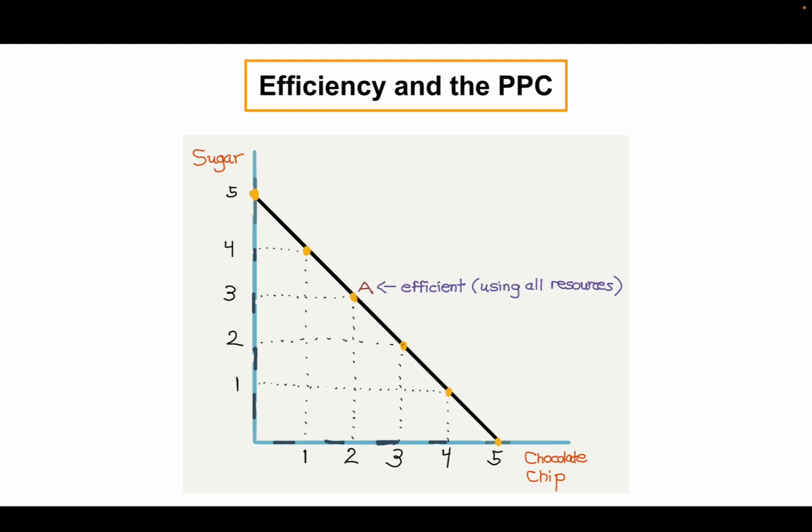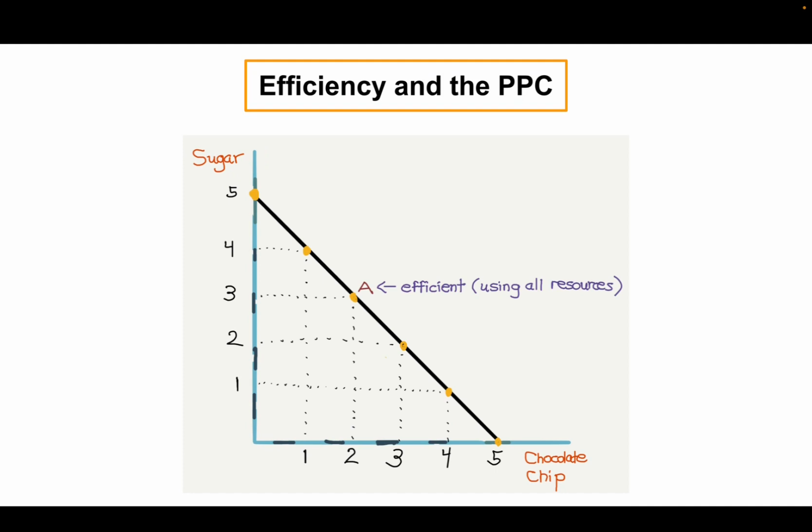So we are at 3, 2, we have 3 sugar cookies, 2 chocolate chip cookies, so we are making the most possible batches we can, which is 5, because 3 plus 2 adds up to 5. So any point on the production possibilities curve, in this case, all the yellow dots, represents an efficient point, a point at which we are using all of our resources.